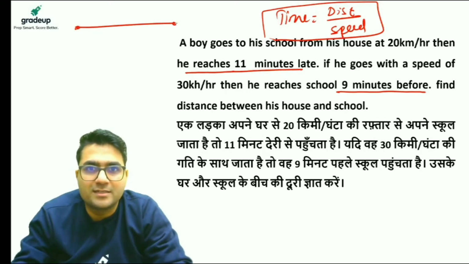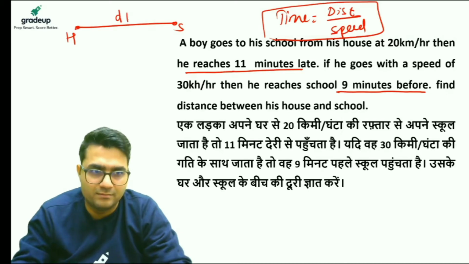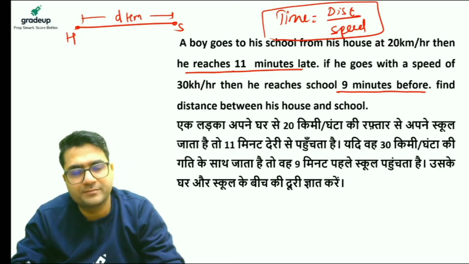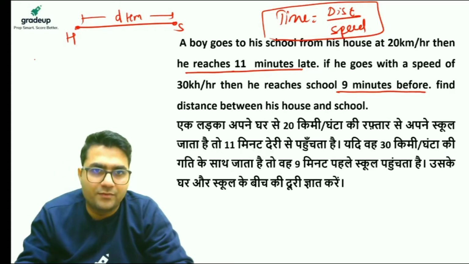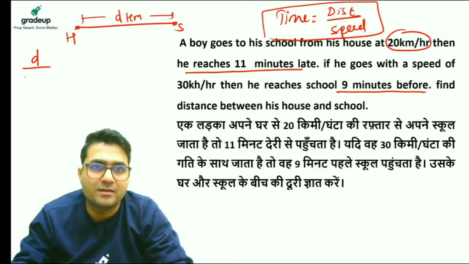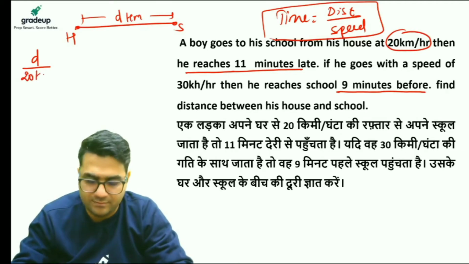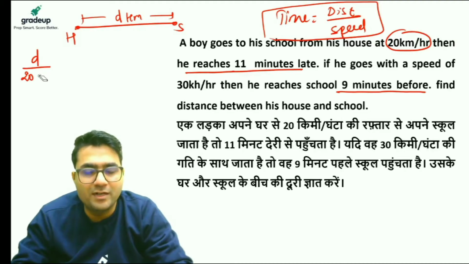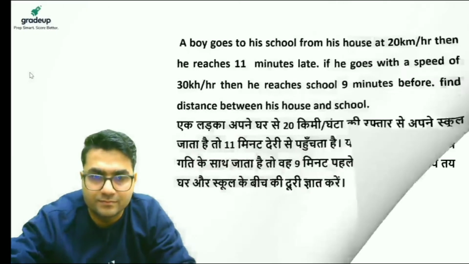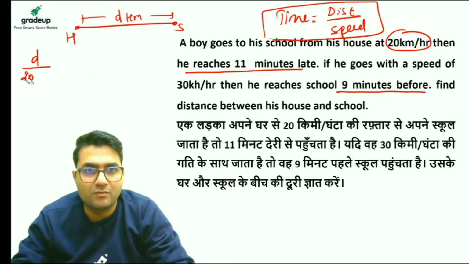Let the distance from his house to school be d kilometers. If the person covers this d kilometers with the speed of 20 km per hour, then the person will take this much time. Listen to my words.